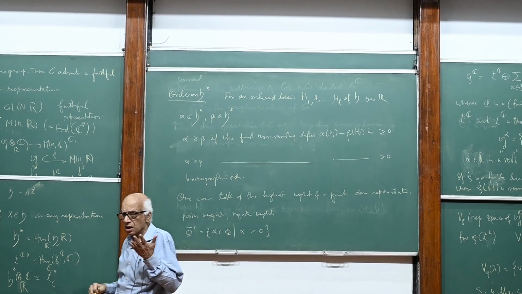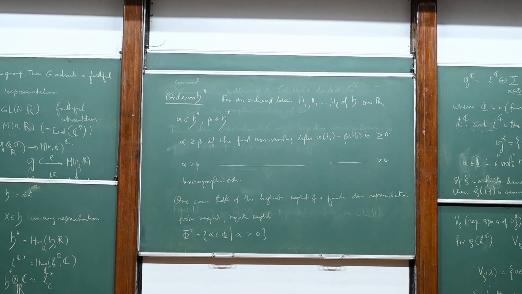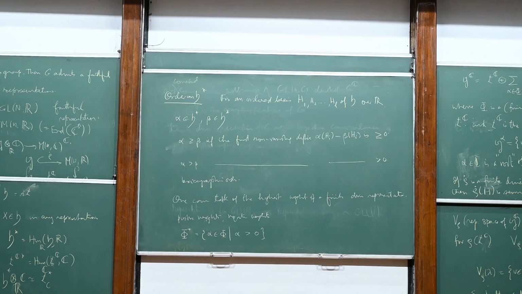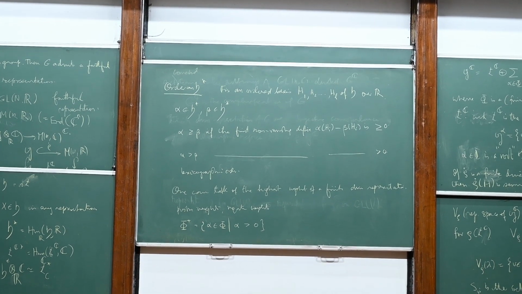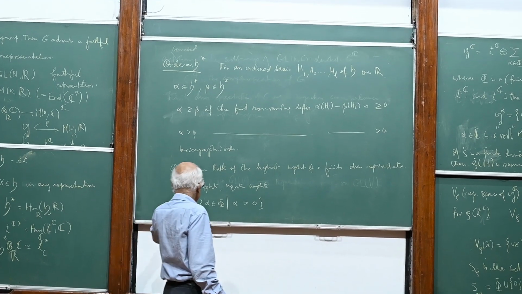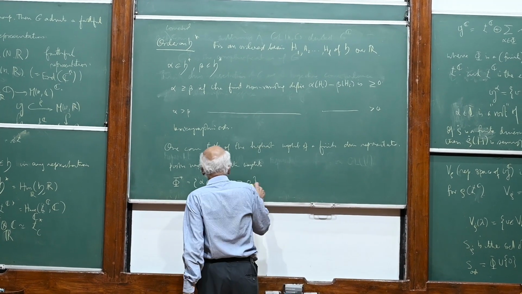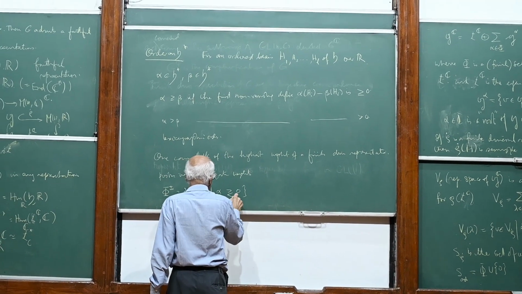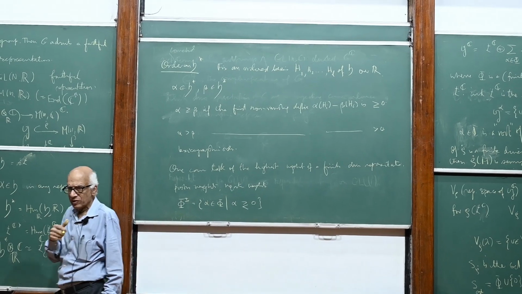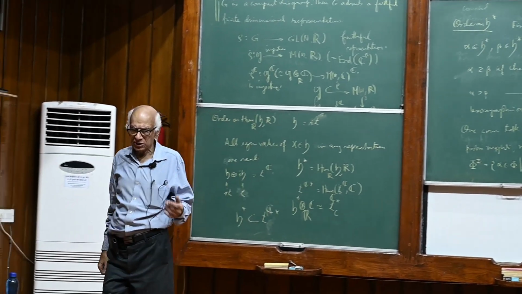Notice that any non-zero linear form is either positive or negative, and roots must be non-zero. So this is the set of positive roots, and Phi minus is the set of negative roots.